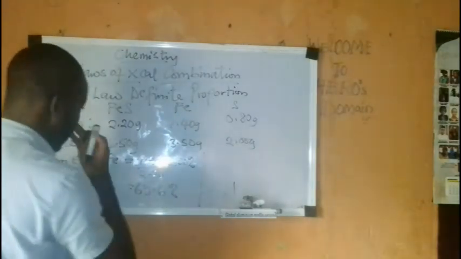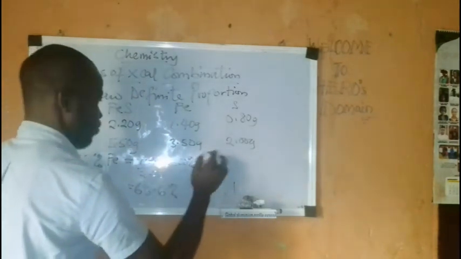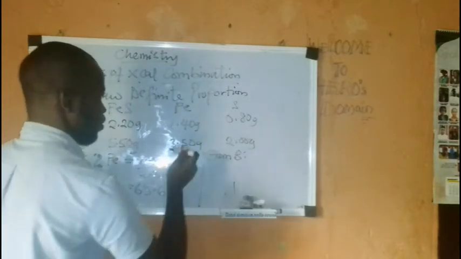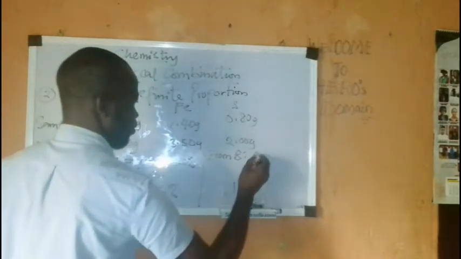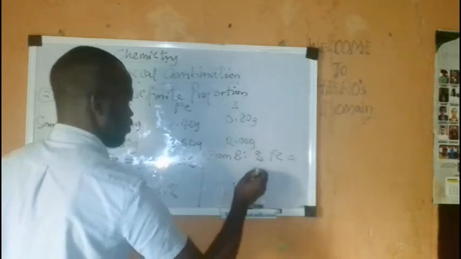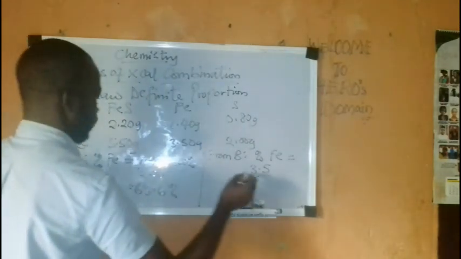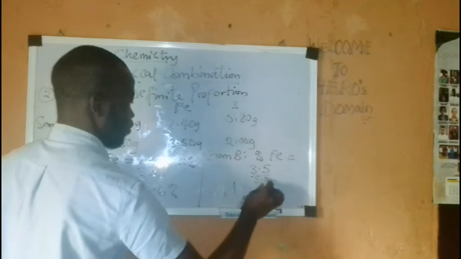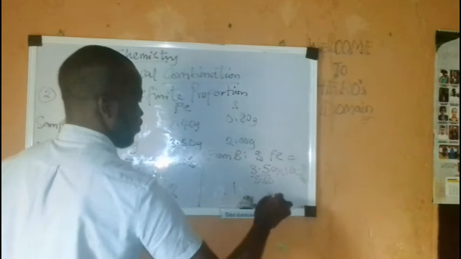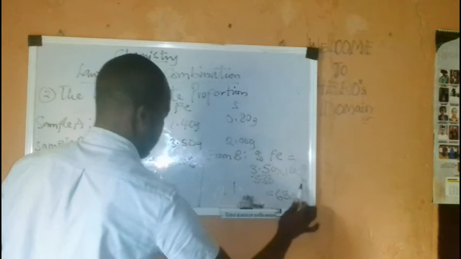Now for sample B, the mass of iron is 3.5 over 5.5. When you do this, you still get 63.6.